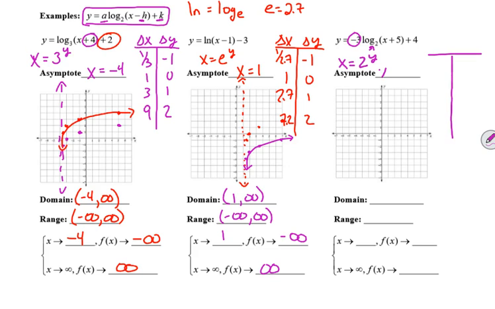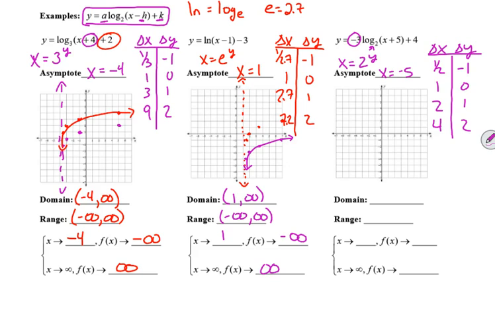I have an asymptote of x equals negative 5. So negative 1, 0, 1, 2. So 2 to the negative 1 is 1/2. 2 to the 0 is 1. 2 to the first is 2, and 2 squared is 4.